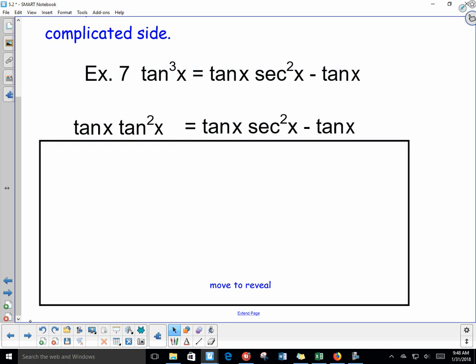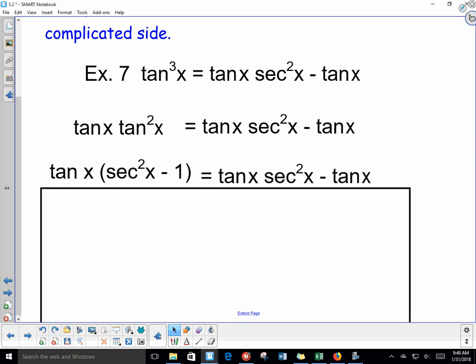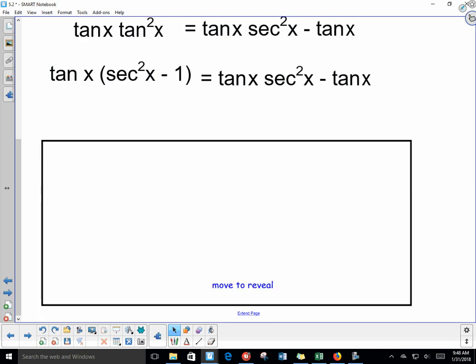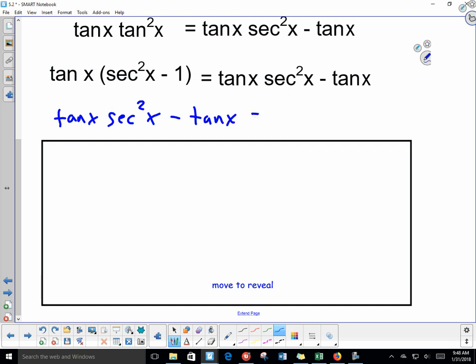And if we've done that, then our next step could be to rewrite tangent squared as secant squared x minus 1. And then we can distribute that tangent x to both of those, and we'll have the same thing on both sides. So we'll have tangent x secant squared x minus tangent x equals tangent x secant squared x minus tangent x.